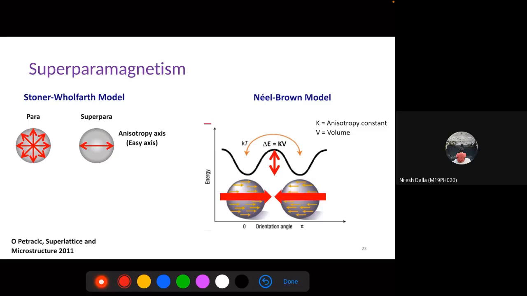Your superspin, this large magnetic moment, prefers to stay along the easy axis, so theta or phi can be equal to 0 or pi. That will give rise to a minimum energy, right? So this is what is represented here when you are plotting energy as a function of your angle phi.